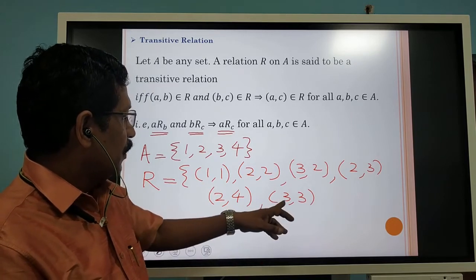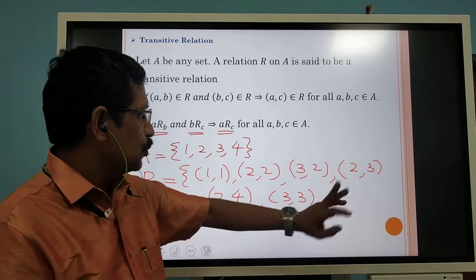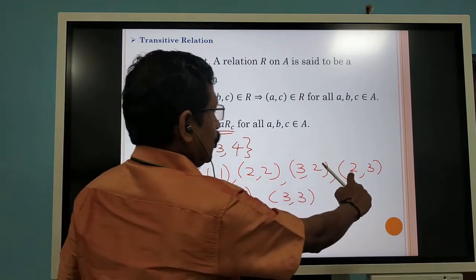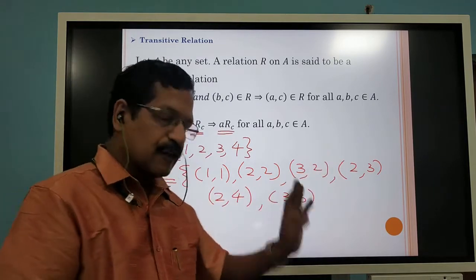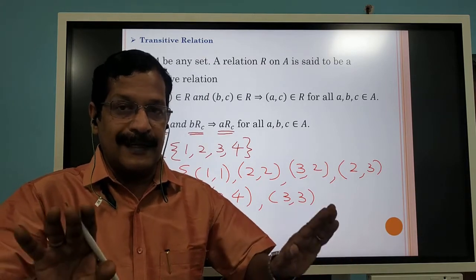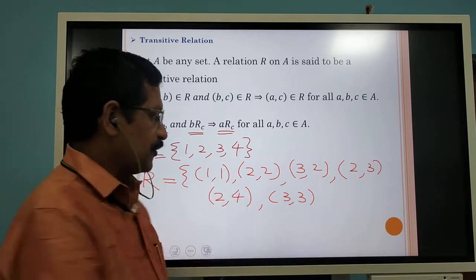Now 3 is related to 3, 3 is related to 2, so 3 should be related to 2. Again 2 is related to 3, 3 is related to 3, so 2 is related to 3. So the conditions for transitivity are clear here.